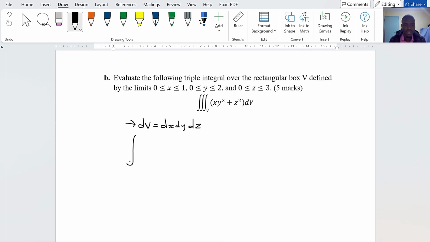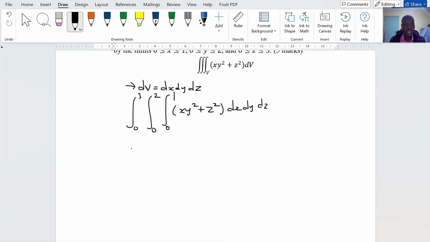We are going to have for z 0 to 3, for y 0 to 2, for x 0 to 1. Then we are integrating x(y squared plus z squared) dx dy dz. We're going to perform the same thing.